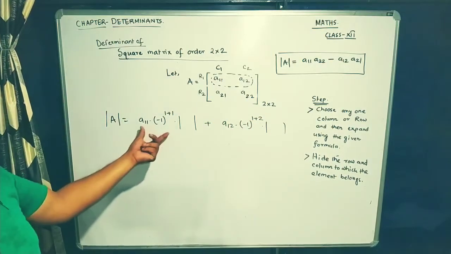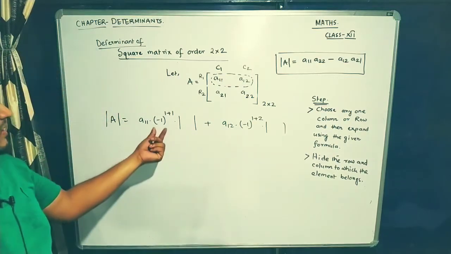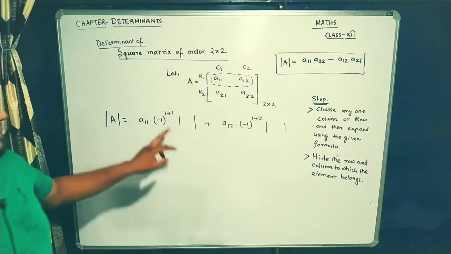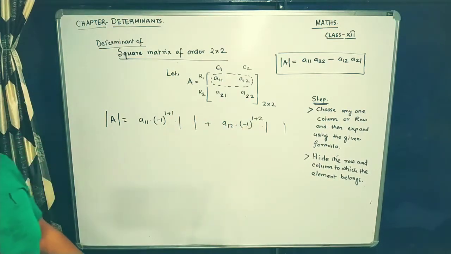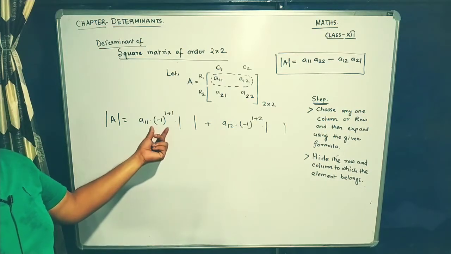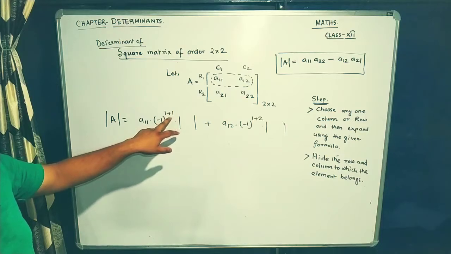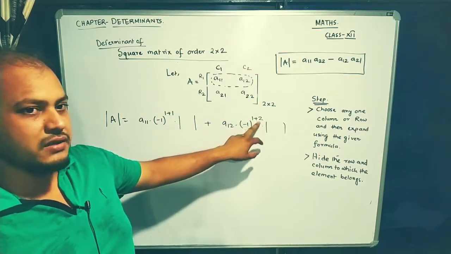This contains -1 to the power something, and accordingly the power of -1 can become even or odd. If -1 to the power is an even number, it becomes positive, and if it is an odd number, it becomes negative.